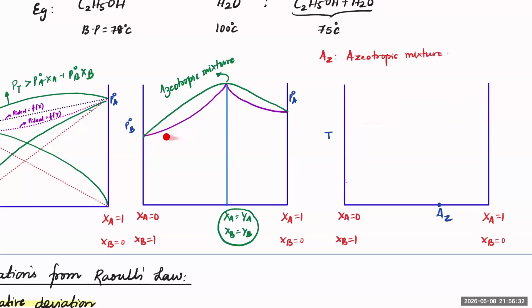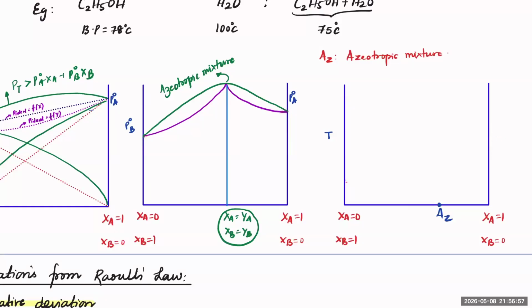Isn't it? So for this it will be up, for this point it will be down. Okay. So now instead of pressure, if I plot temperature versus mole fraction, then since this is down here, now the point here will be up. And this is up here, so now the point will be down here.